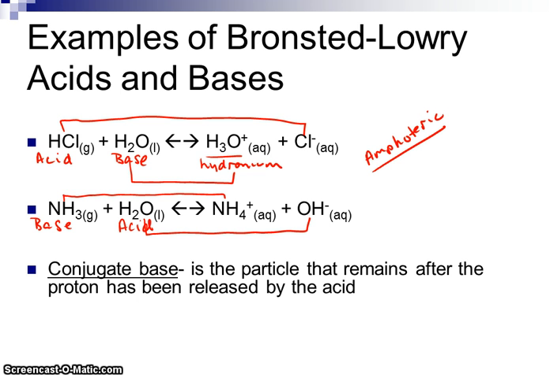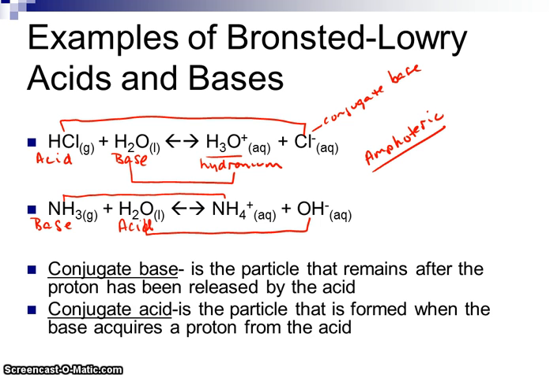The conjugate base is the particle that remains after a proton has been released by the acid. So in this case, our hydrogen chloride gas is the acid. After it gives off its hydrogen, the chloride is our conjugate base. And if we look at water, water is accepting that proton. It's forming a hydronium ion.